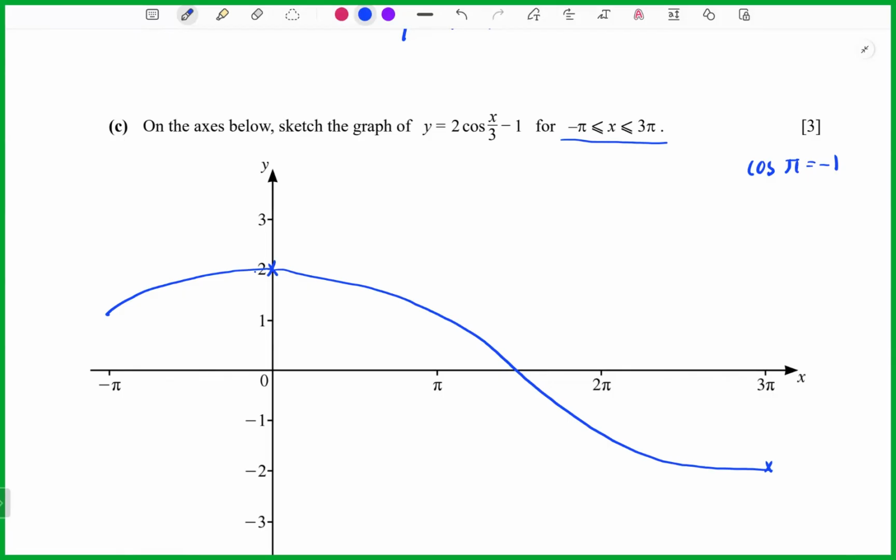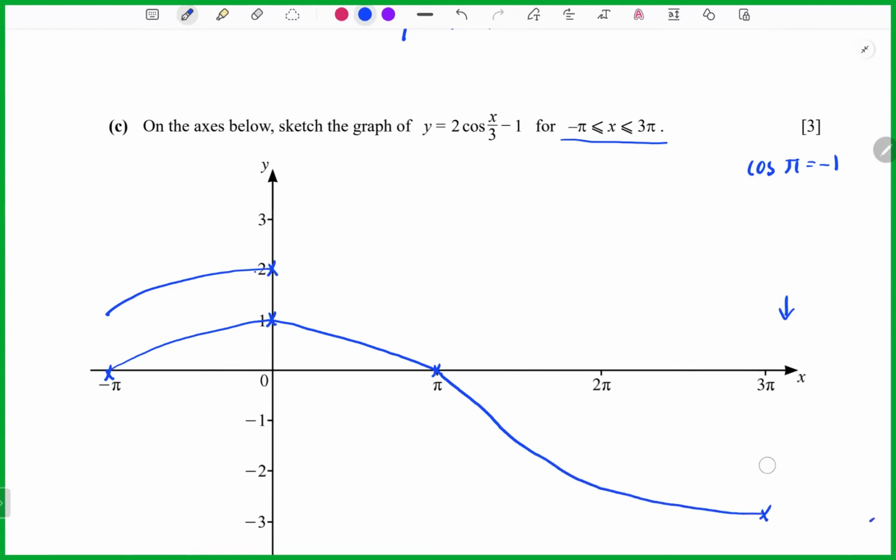So I pause for this part. Now we try to shift downwards 1 unit. So I will reverse here. And then shift downwards 1 unit. So your graph will show like this, and then continue downwards. We can erase this part, for the guys to understand.